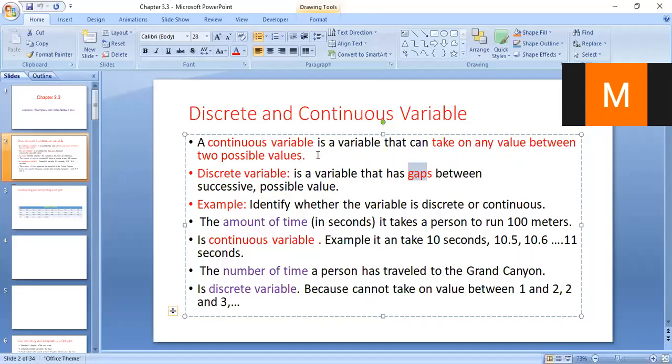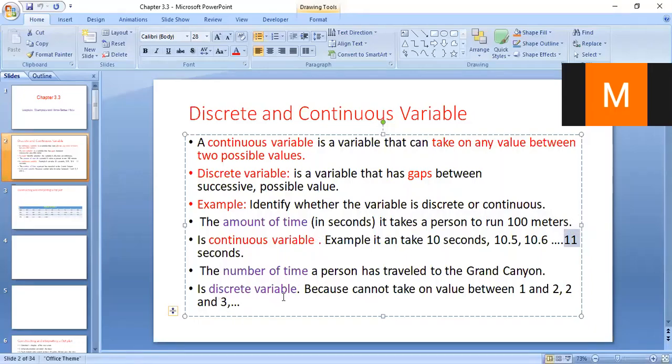With a continuous variable, you can take any value between two possible values: between 10 second and 11 second, you can take 10.5 second, 10.67, 10.7 second. So you call that a continuous variable.